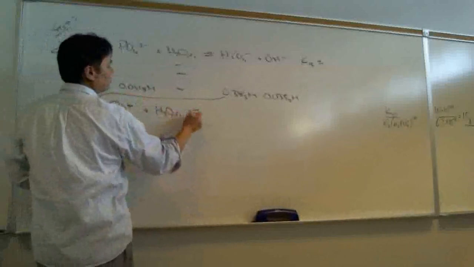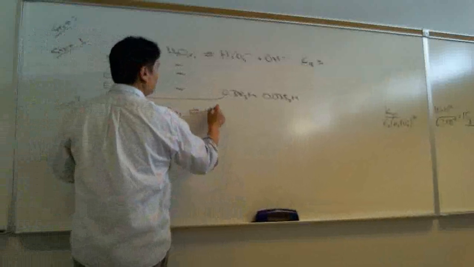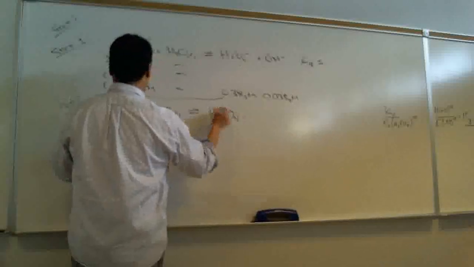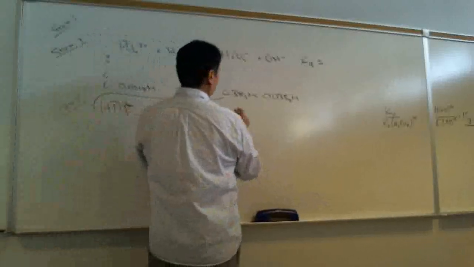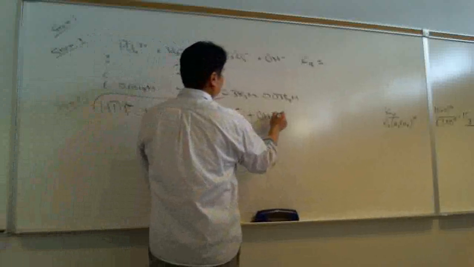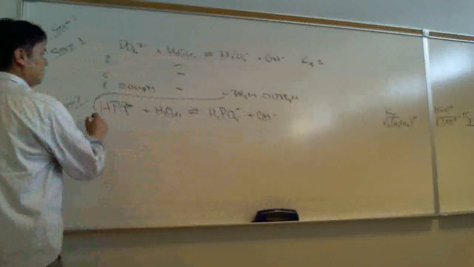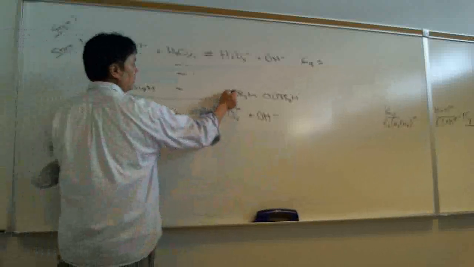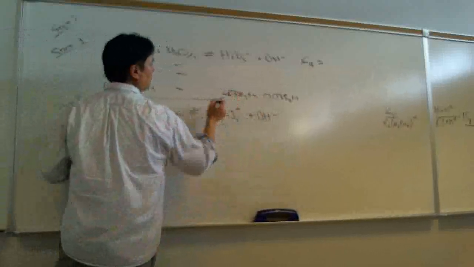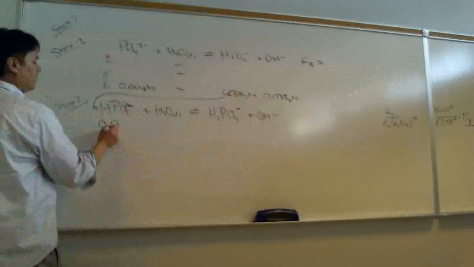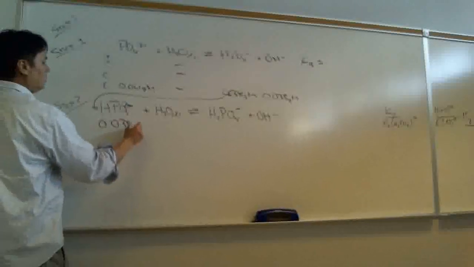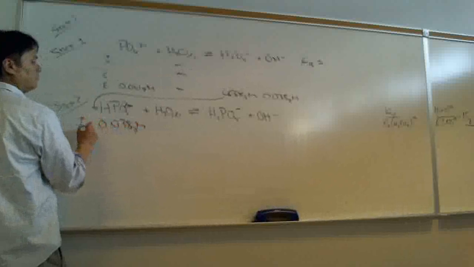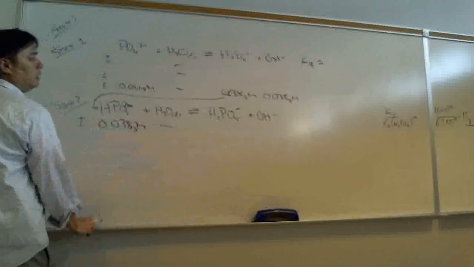The collision that looks more favorable is the Kb collision, so it goes to H2PO4 minus plus hydroxide. We'll plug in the numbers from step 1: 0.0383 molar initial. Water is a liquid.